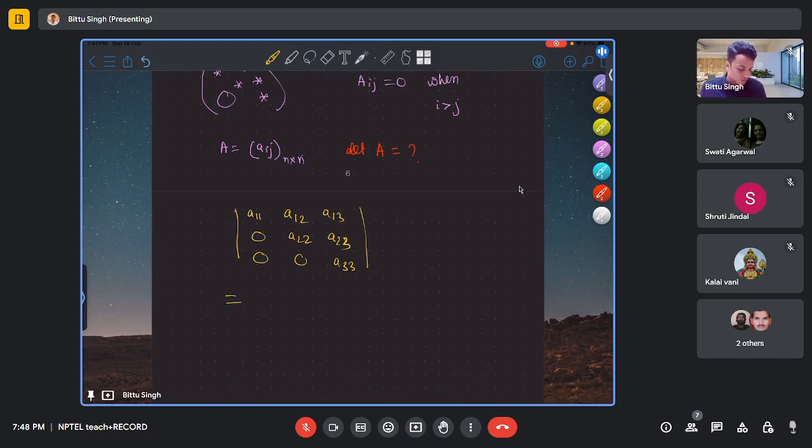If we expand the determinant with respect to the first column, it will be A11 times the determinant of this, then 0 times the determinant of the rest of the things. So it is the same as A11 times the determinant of A22, A23, 0, A33, and everything except these is 0 because we are expanding with respect to the first column.